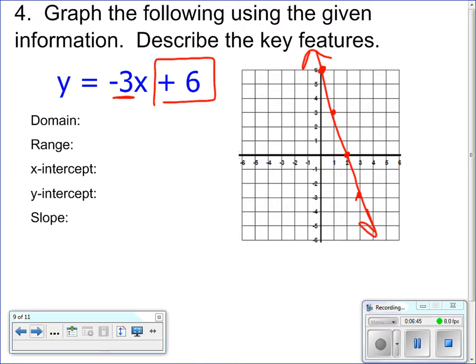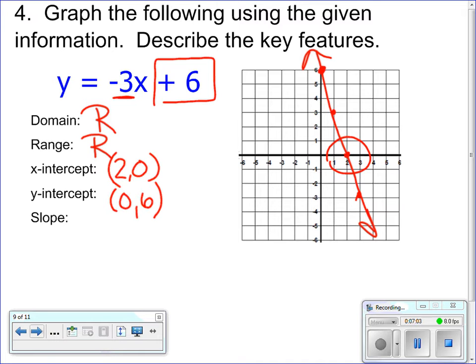So my domain, again, is going to be all real numbers. My range, again, is all real numbers. My x-intercept, right here, is (2, 0). And my y-intercept is (0, 6). And the slope is -3.